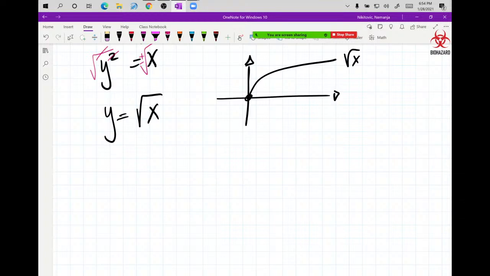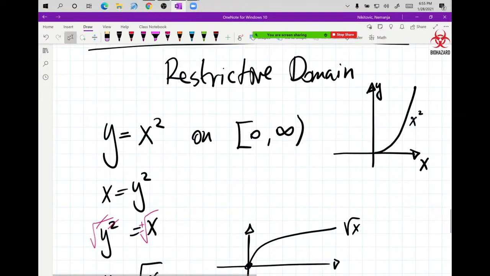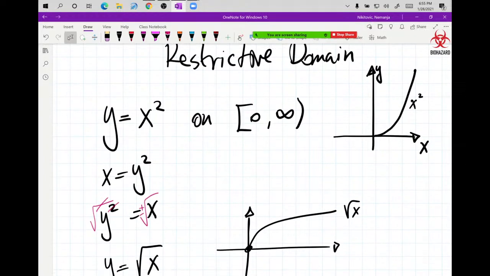They all have inverses, but some don't have them as inverse functions. You don't have a function in the inverse unless you fix the domain using the restricted domain.